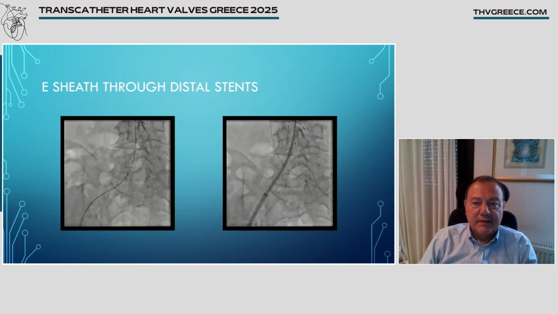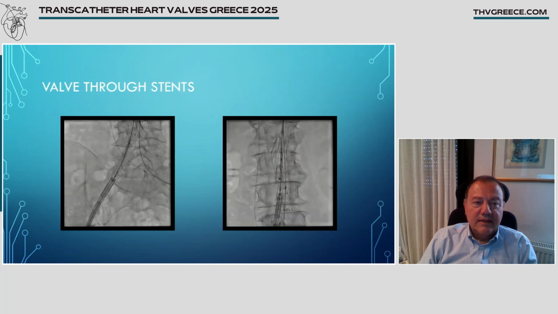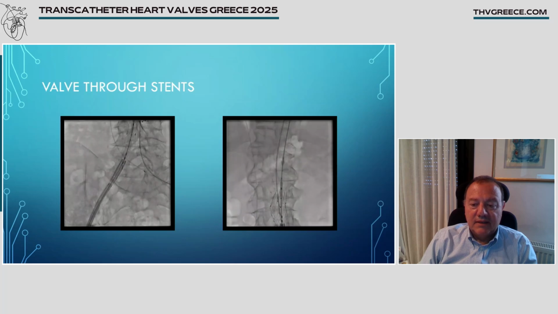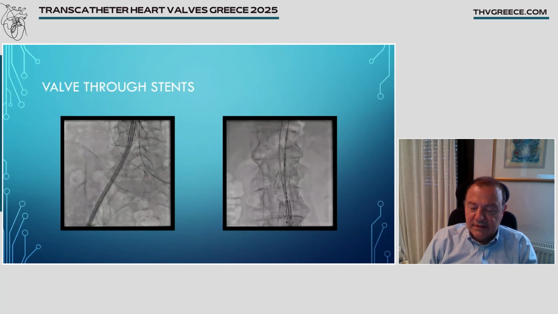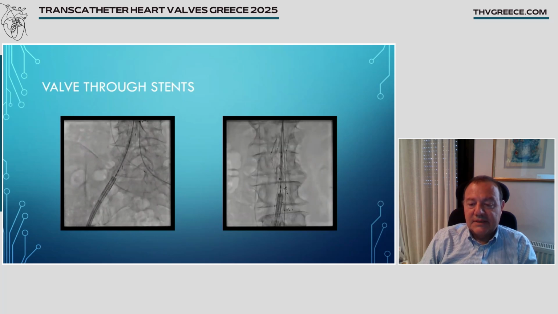The E-sheath passed easily through the distal stents. Then we proceeded with the valve that passed also easily through the iliacs, but at the abdominal stent, the valve was stuck.